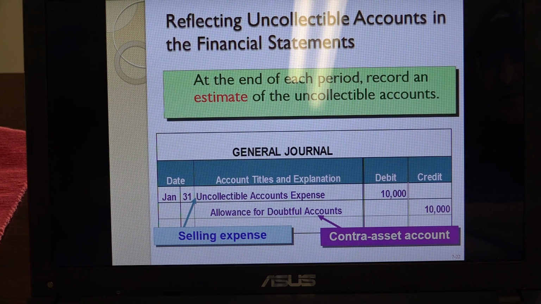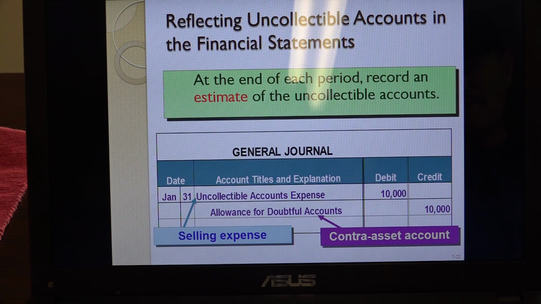And so where you'll see that again is in your balance sheet presentation. You'll have the gross amount of ending accounts receivable, and that amount will be reduced by this allowance for doubtful accounts.